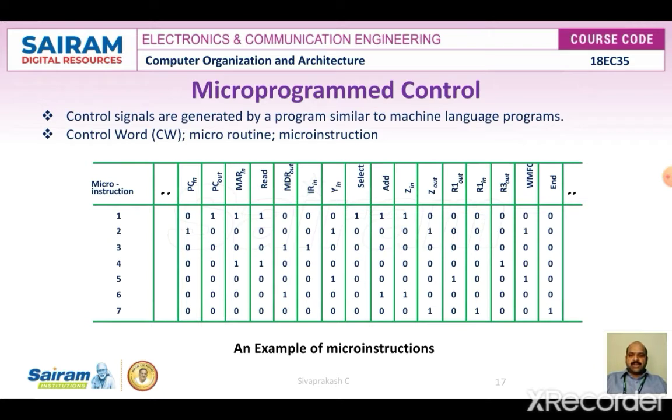If you look at this micro instruction, step 7 is present here, and these are specified by machine language programs. The machine language programs consist of zeros and ones, as we have seen: PC out and MAR in, read, select, add and Z in. These signals become high, whereas the other signals are 0.